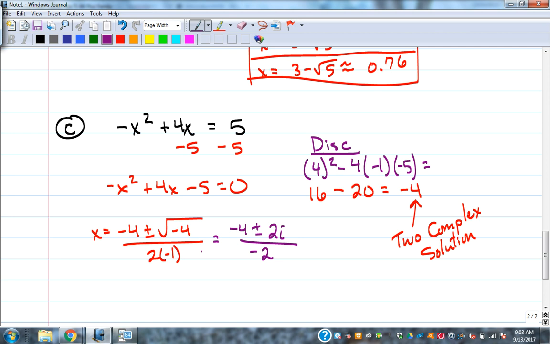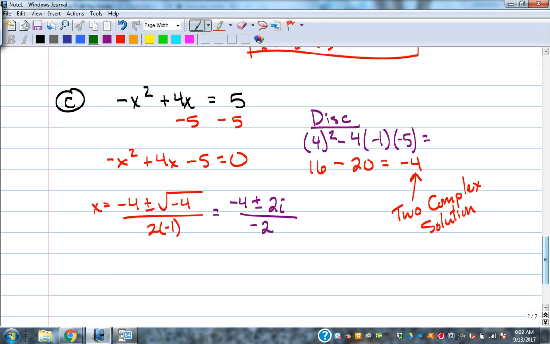What do we know about all of the numbers now? They're all divisible by 2. And since that's a -2 in the bottom, I'm going to divide by -2. So that becomes +2 plus or minus i. 4 divided by 2 is 2.